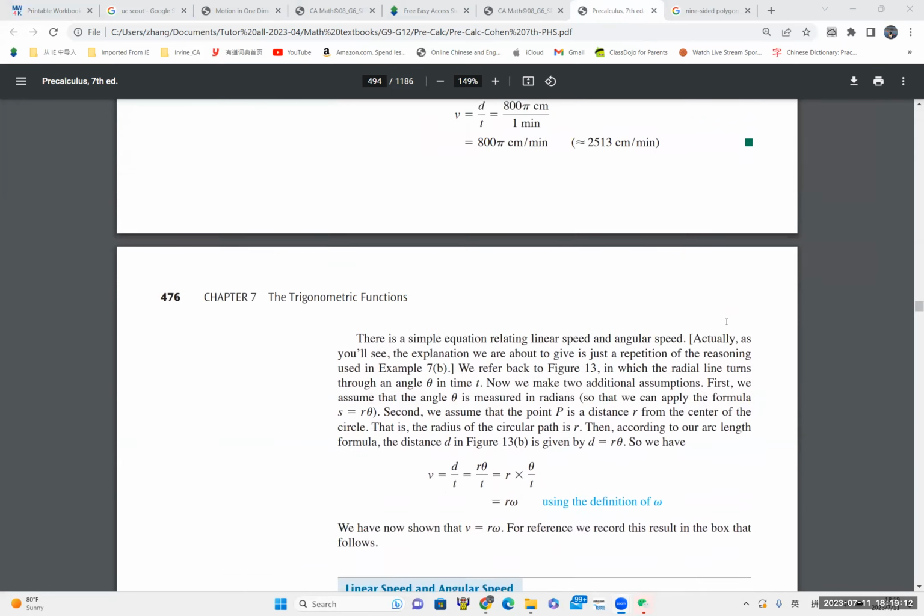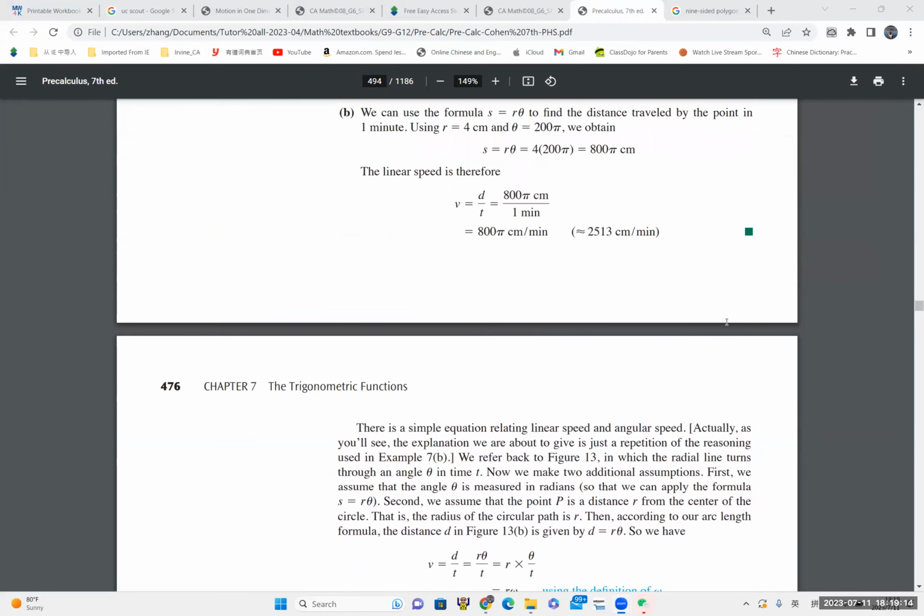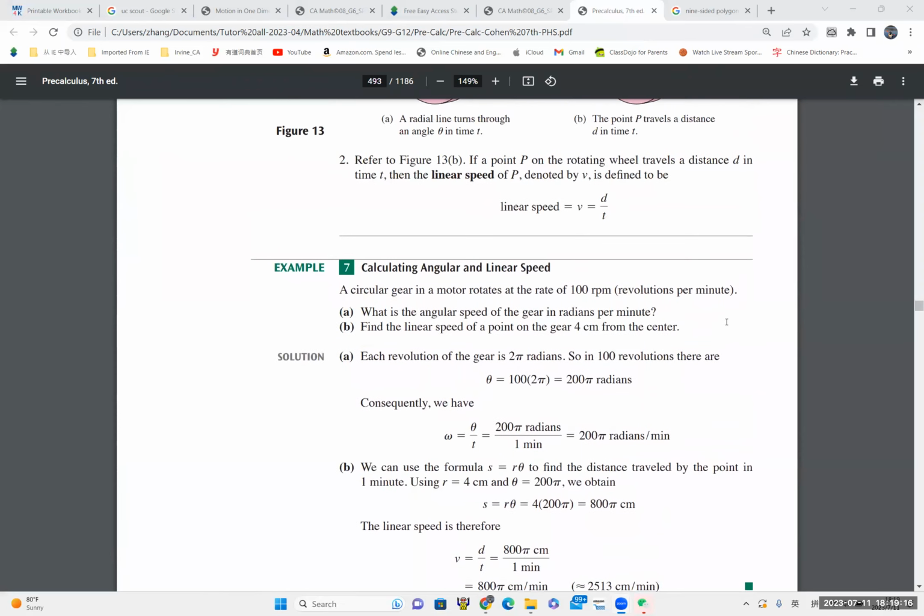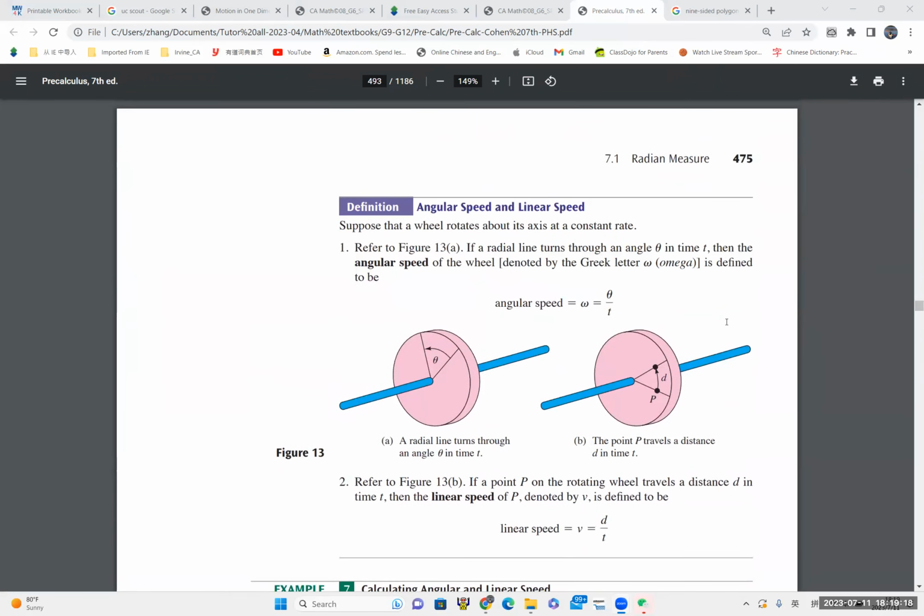Oh yeah, here shows something tightly related to physics: angular speed and linear speed. Angular speed just means theta over t. So in a fixed time, if the theta is bigger, then the angular speed is bigger, right?